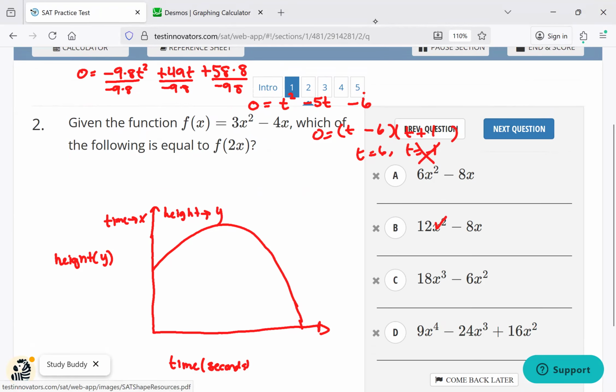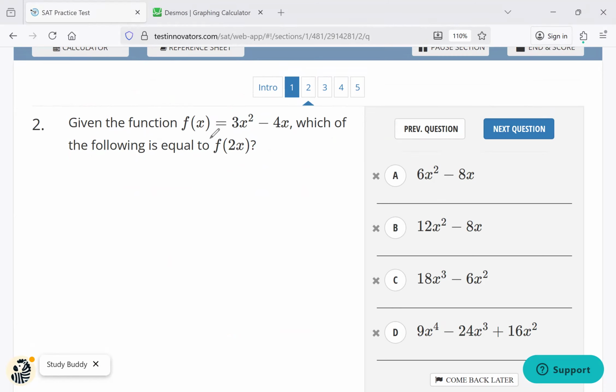Okay. Question 2: given the function f of x equals x squared minus 4x, which of the following is f of 2x? This one's not too bad. It's like an input-output thing. 2x is your input, and we have to figure out our output. Wherever you see an x, plug in 2x.